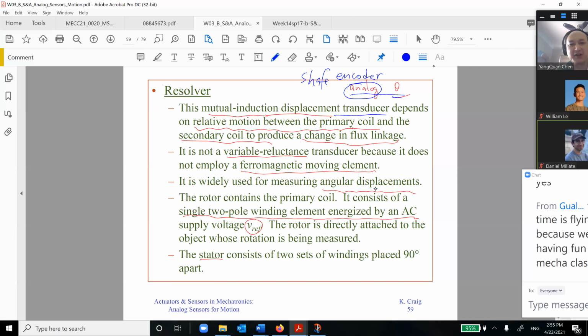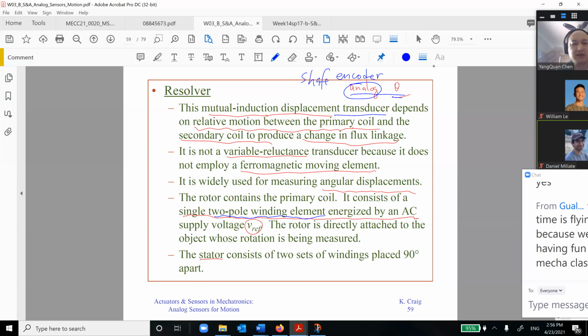It is used for angular displacement. The rotor contains the primary coil, consisting of a single two-pole winding element energized by a power supply, usually an AC power supply. The rotor is the primary. You attach it to the object you want to measure.